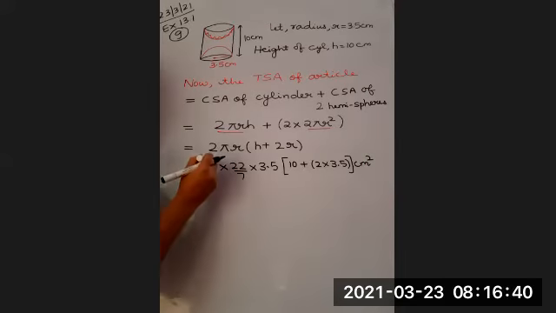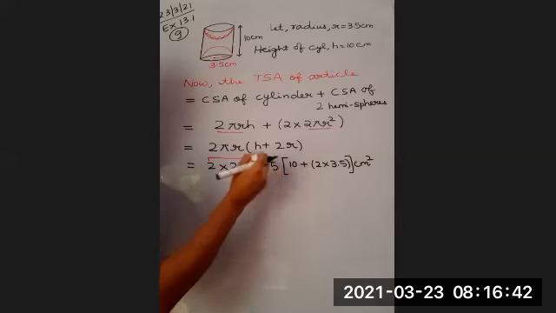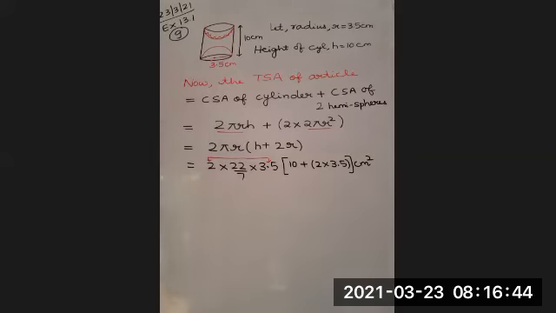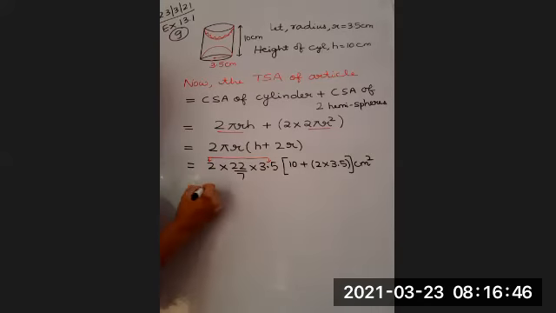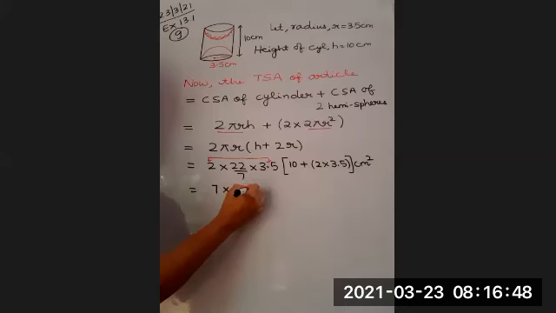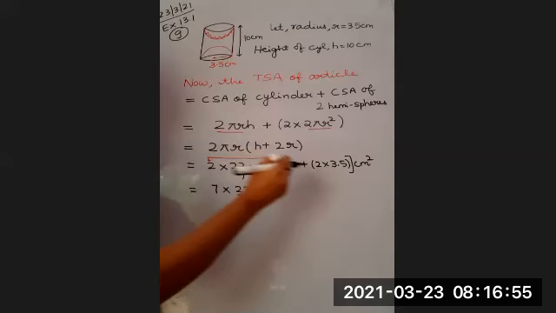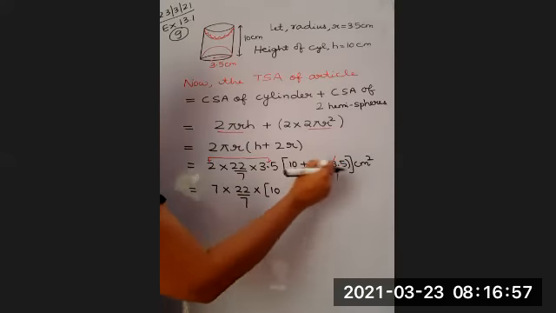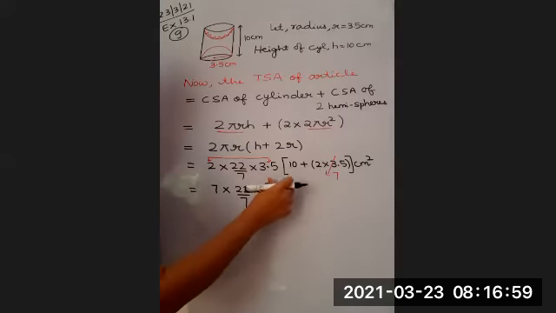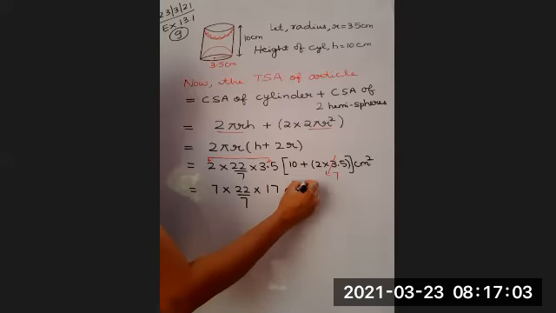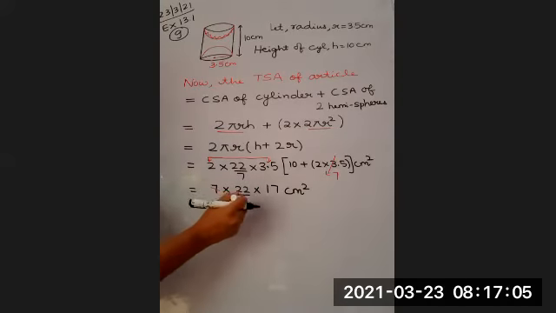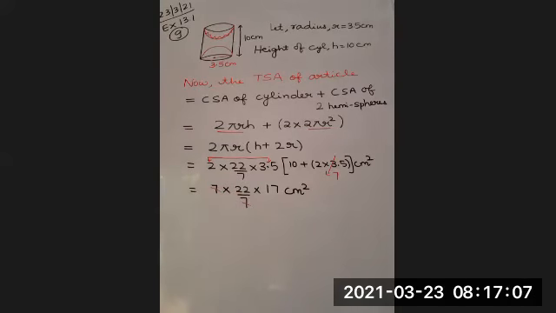Now what is 2 into 3.5? It is 7. So this becomes 7 into 22 by 7. And this will be, again, 2 into 3.5 is 7. So 10 plus 7 becomes 17. 7 and 7 cancel. We multiply 22 into 17.